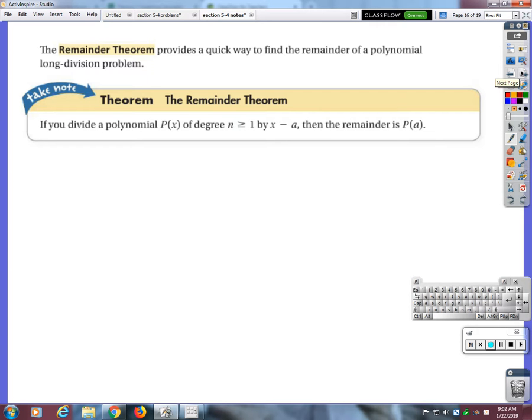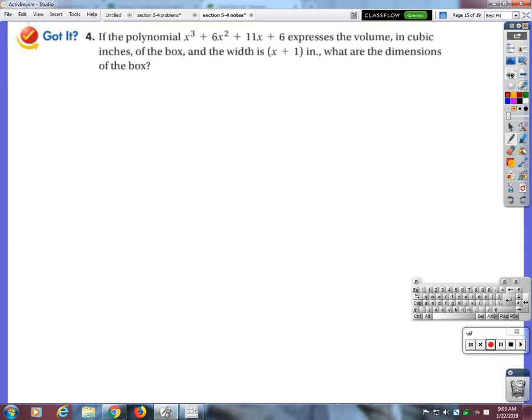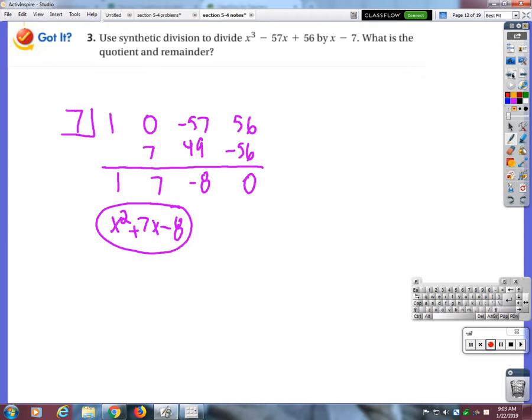Okay, there's one more thing that you can do with synthetic division, which we will do together. You don't have to do it this way, and to be honest, most students forget that this is a thing, and so we rarely use synthetic division for this. But watch what happens here.